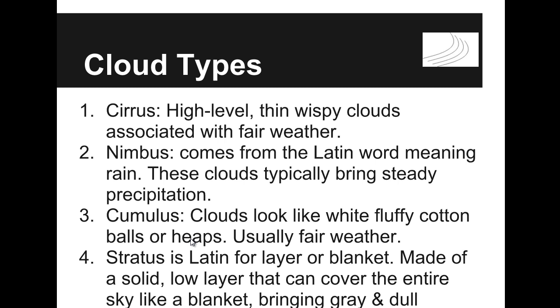These would be cumulus clouds. Stratus is Latin for layer or blanket. This is made of a solid low layer that can cover the entire sky like a blanket, bringing gray and dull weather and possibly rain. So when the sky just looks overcast, those would be stratus clouds.